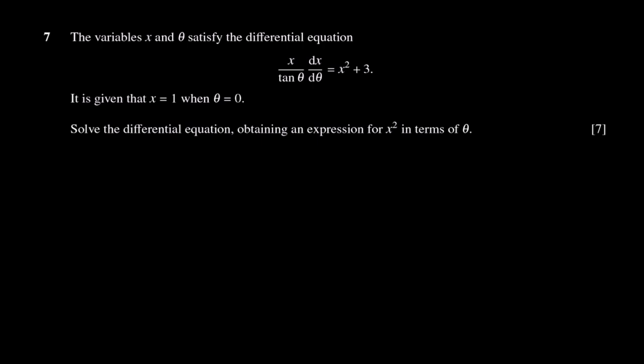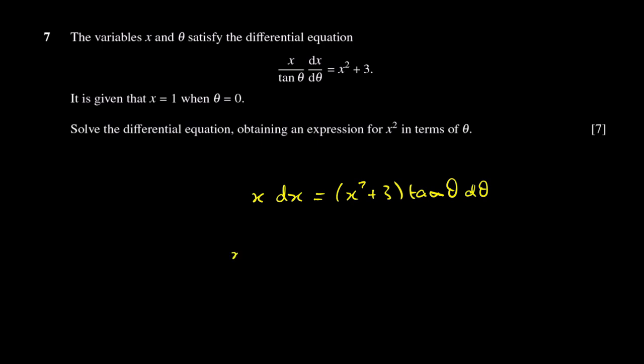So what I'm going to start by doing is multiplying both sides by tan theta d theta. I'm sort of treating that thing like it's a fraction. And if I do that, then I get x times by dx is equal to x squared plus 3 times by tan theta d theta. Okay, and then I'm going to divide both sides by x squared plus 3.